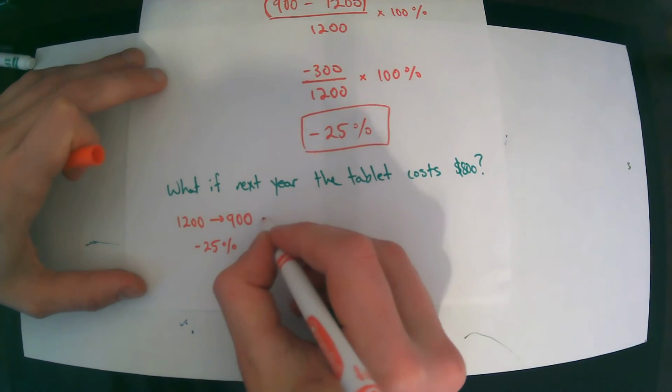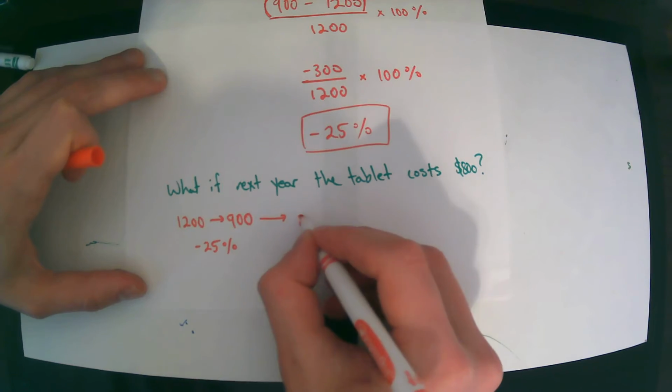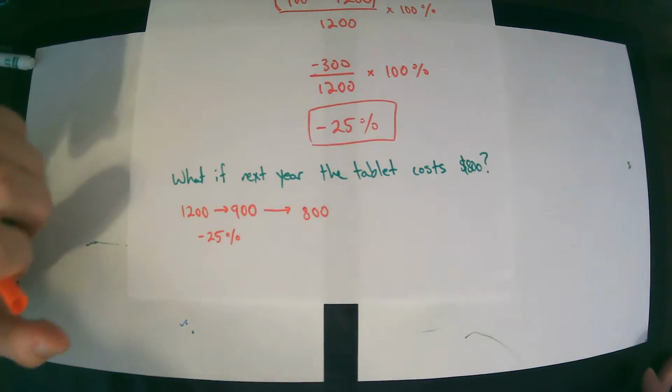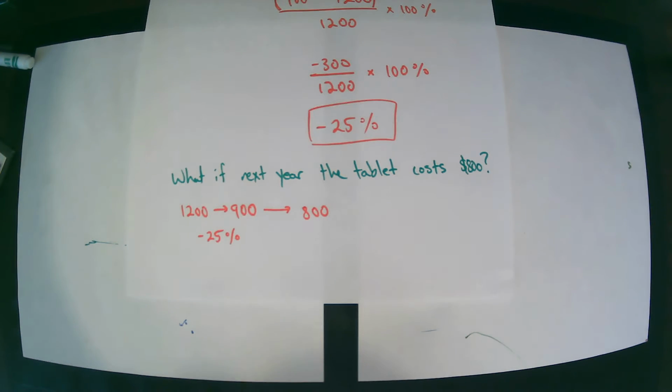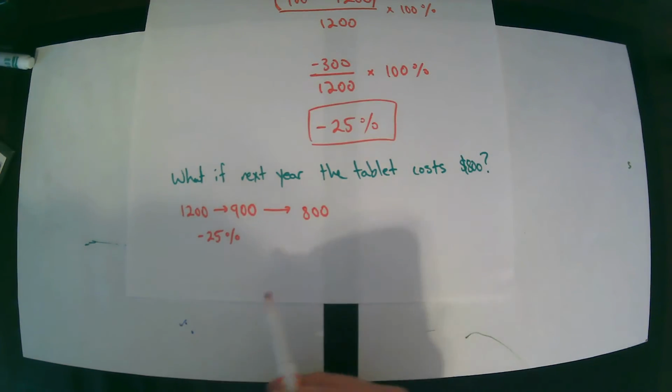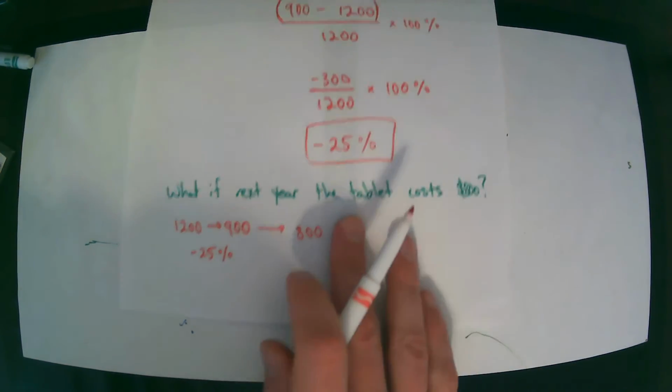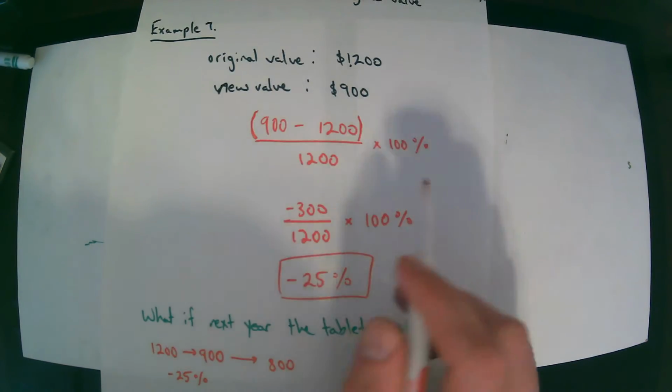What about from 900 to 800? I could find the difference: 800 new value minus 900 equals negative 100. So I'm just plugging in 800 and 900 as my new and original values.